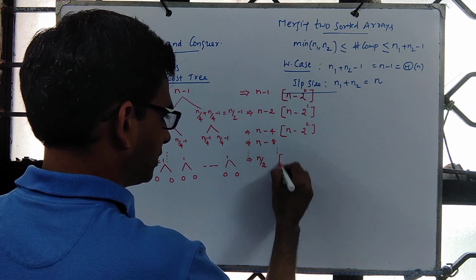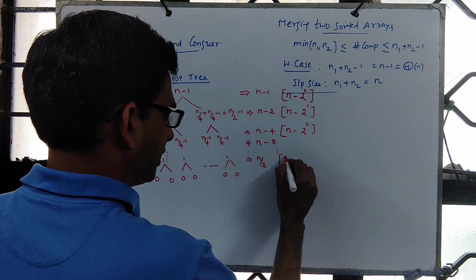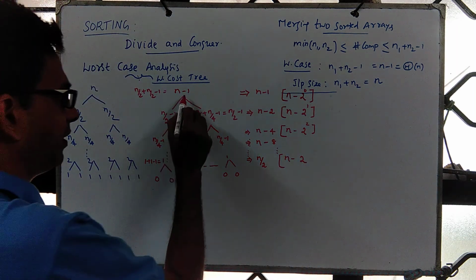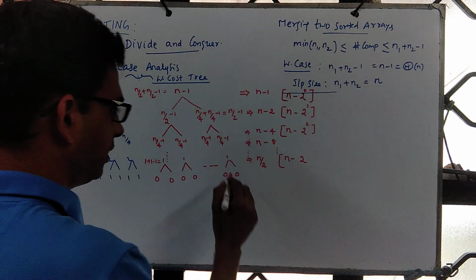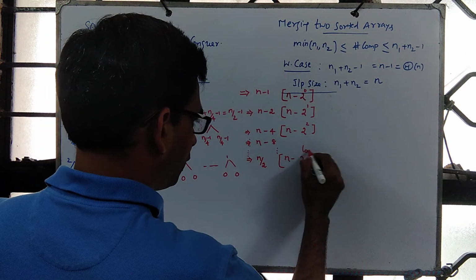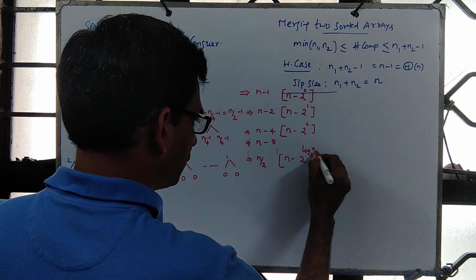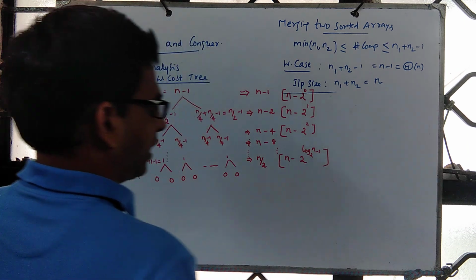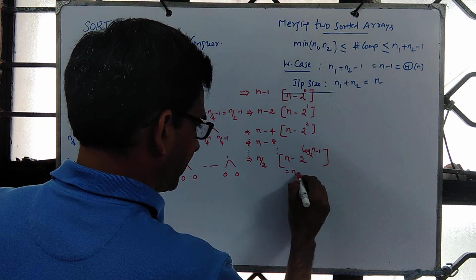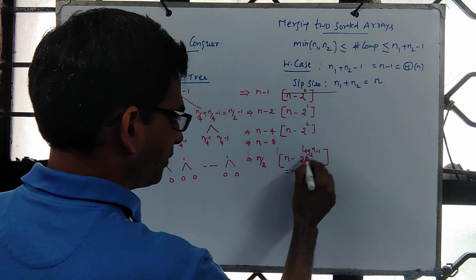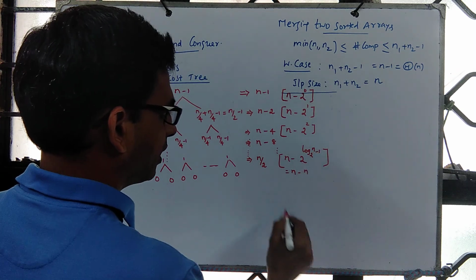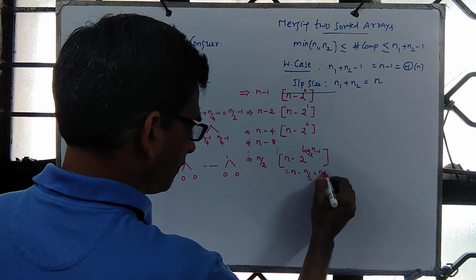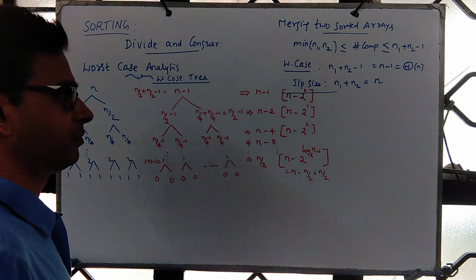Which means what is this? So this one is n minus 2 power the level. Level 0, level 1 and so on. And this comes from 2 power log n base 2 minus 1. Correct? And so this value is actually n minus, this one is 2 power log n base 2 by 2, which is n by 2, and which is precisely what we have written here.